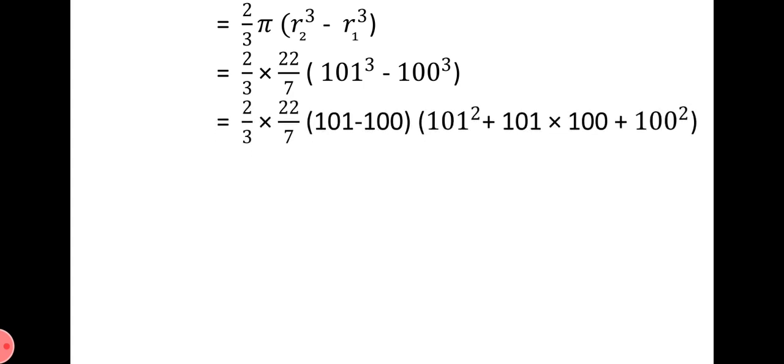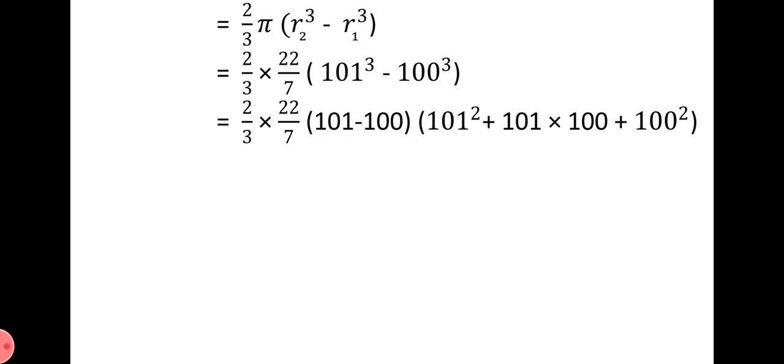Now we have already learned the formulas for expanding squares and cubes in algebraic expressions, polynomials, and we will use that here. That is 2 upon 3 into 22 upon 7 into 101 minus 100 into 101 square plus 101 into 100 plus 100 square.